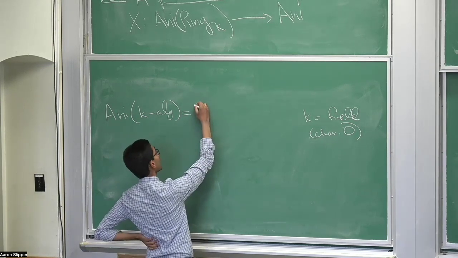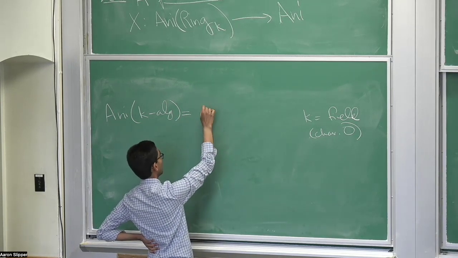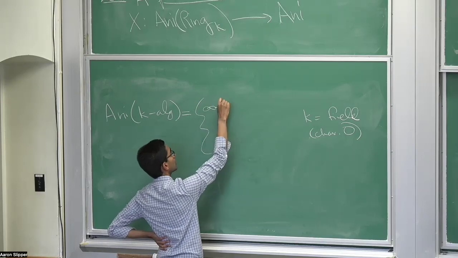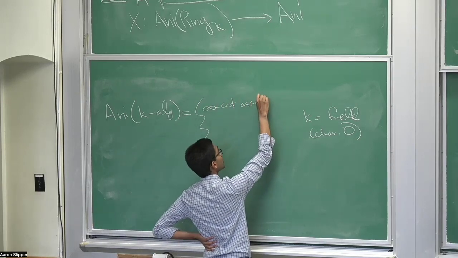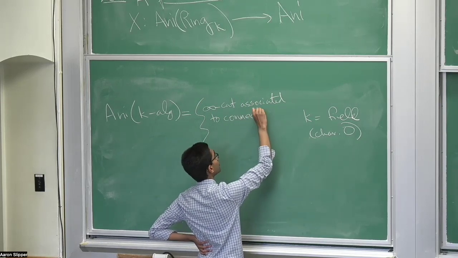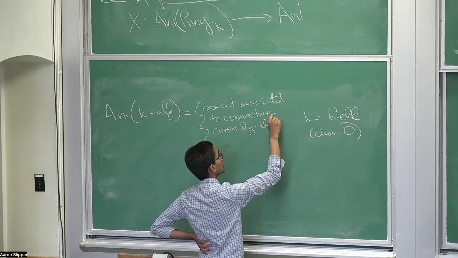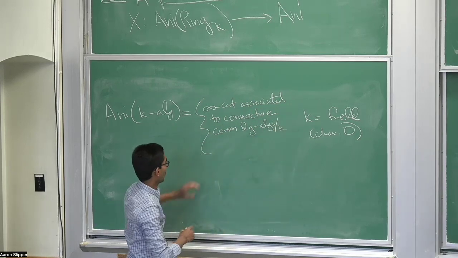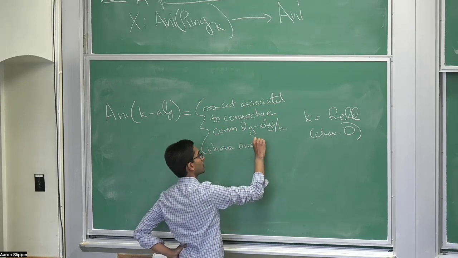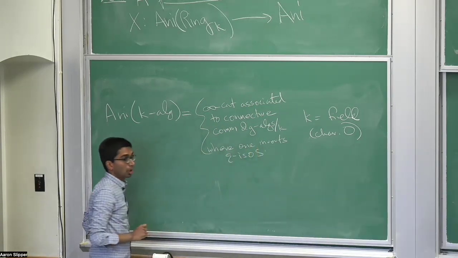And I don't know if maybe this has been covered in the past. You can describe this in a couple of ways. For instance, if we're in characteristic 0, it's also the infinity category associated to connective commutative DG algebras over K, where one inverts quasi-isomorphisms.